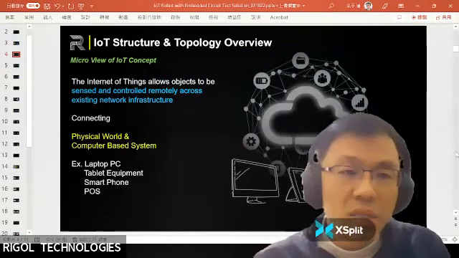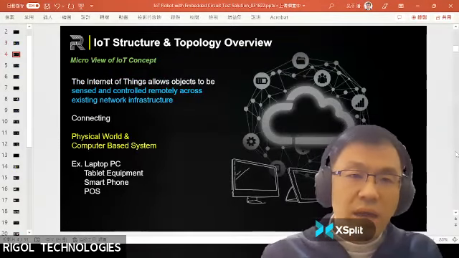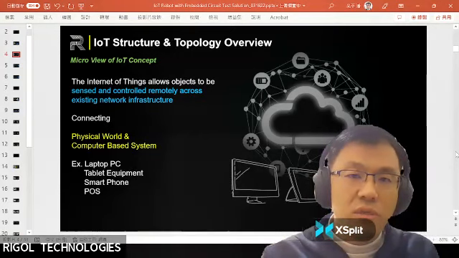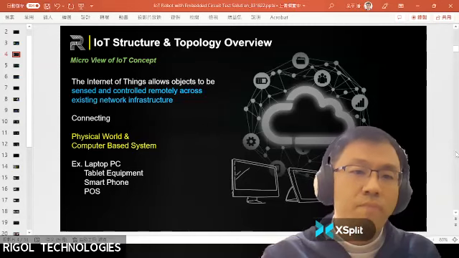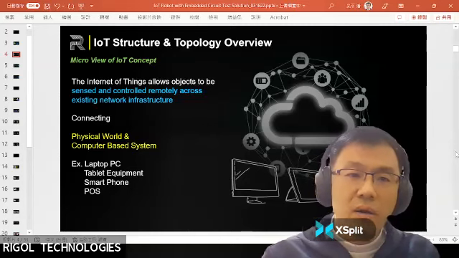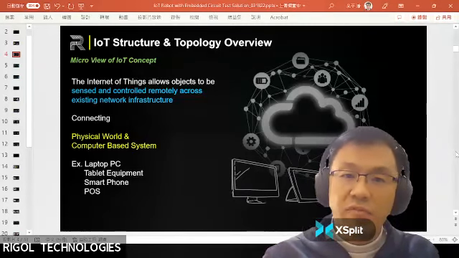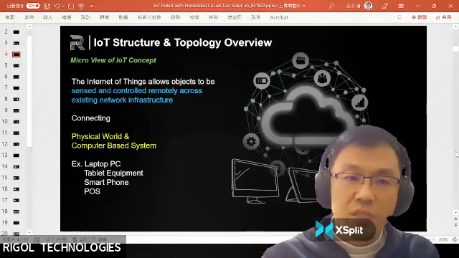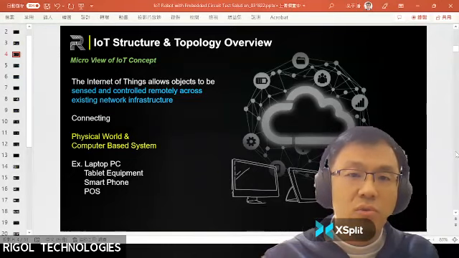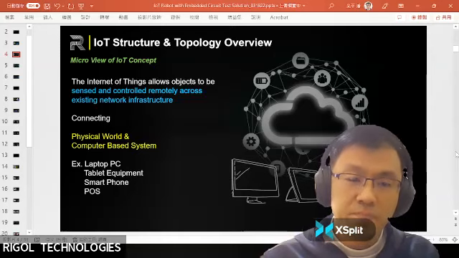And the second part, I will separate the IoT concept into 2 departments. The first one is the micro view. So what is the micro view? That is, the Internet of Things allows objects to be sensed and controlled remotely across the existing network infrastructure.